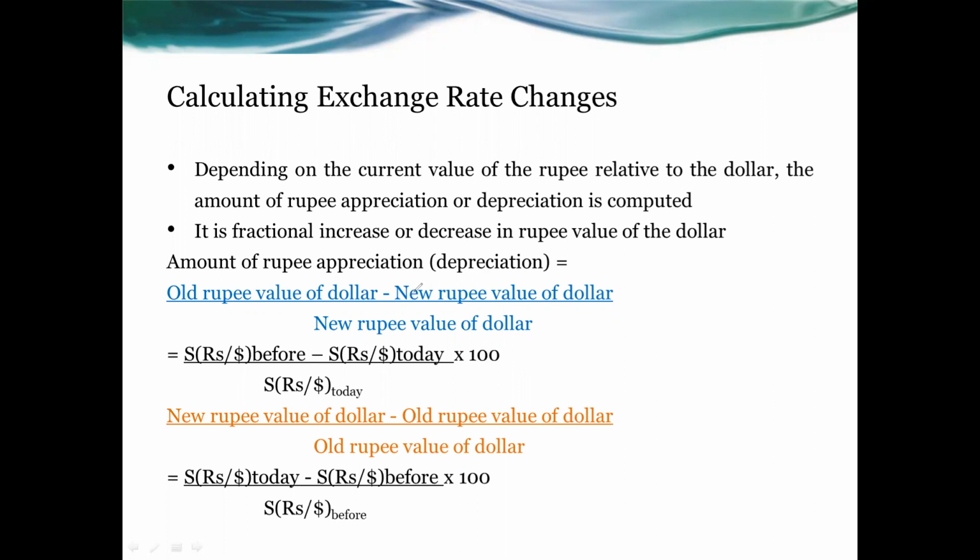Okay. Now remember, whatever we are taking as appreciation or depreciation. For example, if the Sri Lankan rupee is depreciating against the US dollar, it means the US dollar is appreciating against the Sri Lankan rupee.